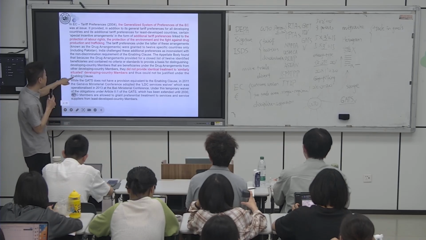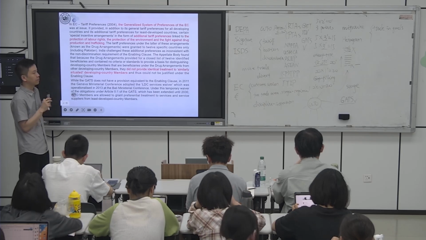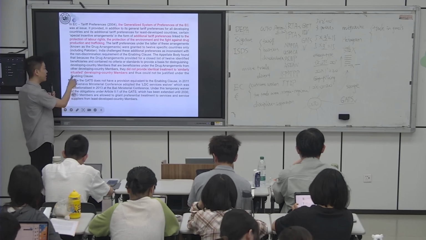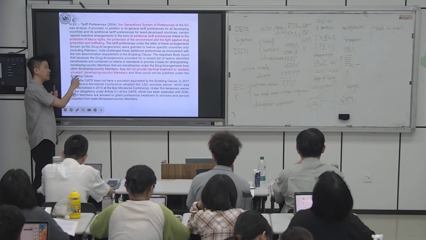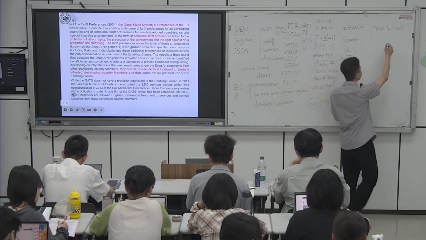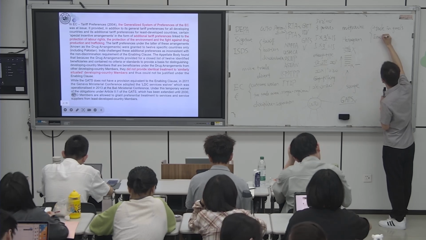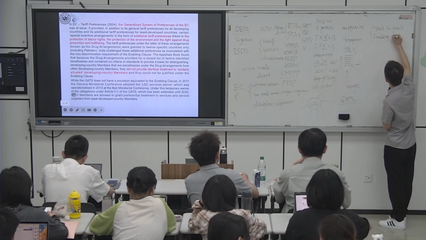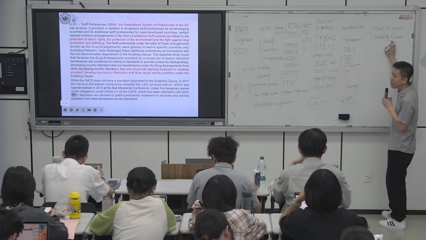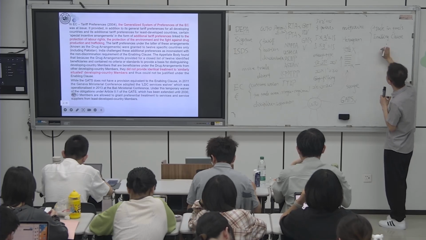Here, enabling clause. You need to know that. You need to know this term. It's called an enabling clause. But it's only for trading goods. We've got an enabling clause. This is an instrument about the preferences offered by developed countries.